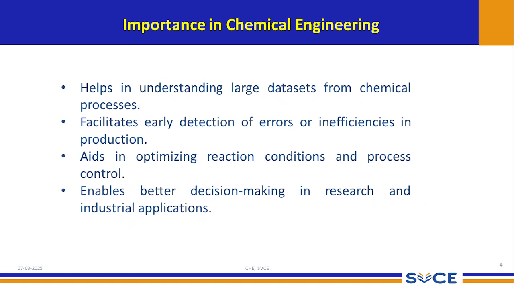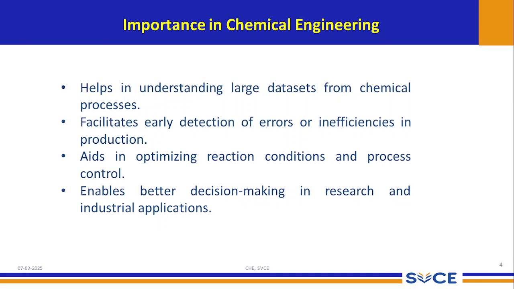Now, what is the importance in chemical engineering? Understanding large data sets. For example, in petroleum refining, thousands of variables affect process efficiency. Early detection of errors. Detecting sensor malfunction in a distillation column can prevent costly shutdowns.